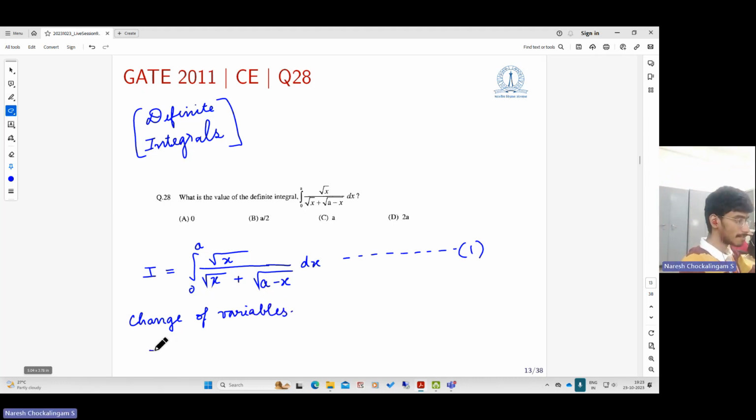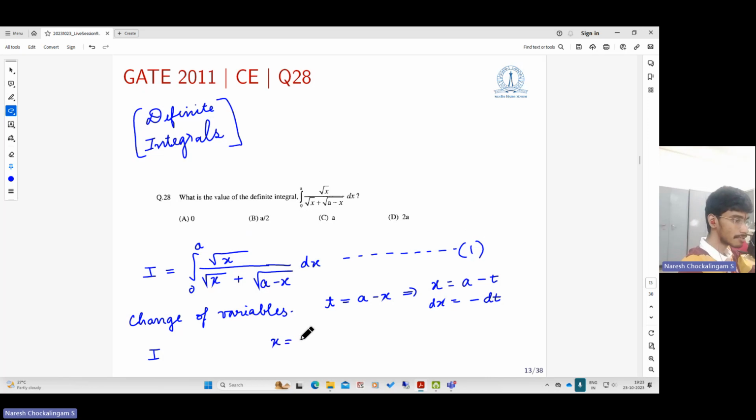Let us make a change of variables that let t is equal to a minus x, which means x is equal to a minus t and dx is equal to minus dt. So everywhere in this given expression, we substitute x is equal to a minus t.